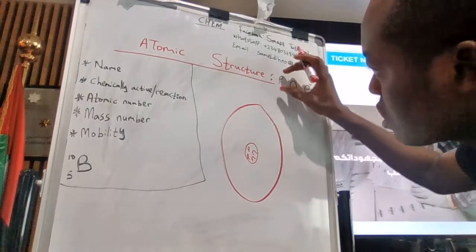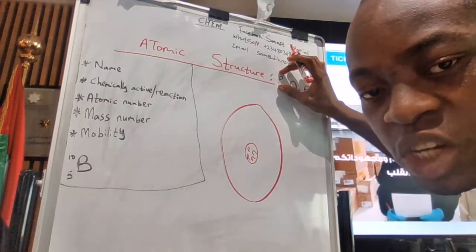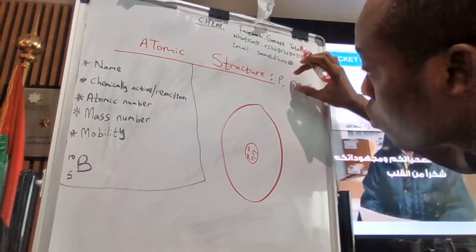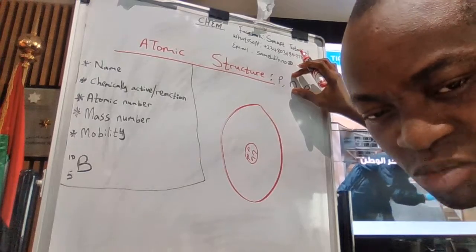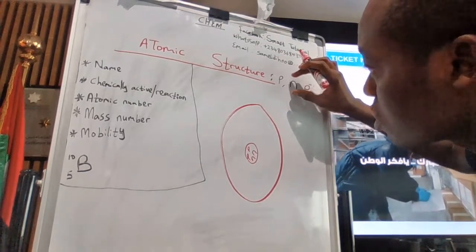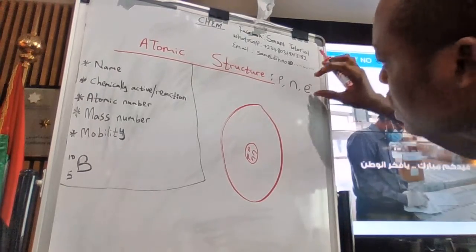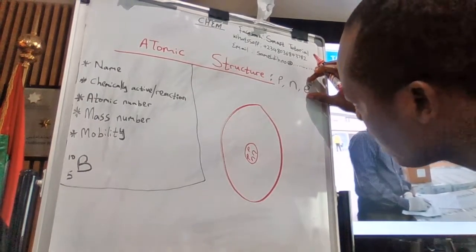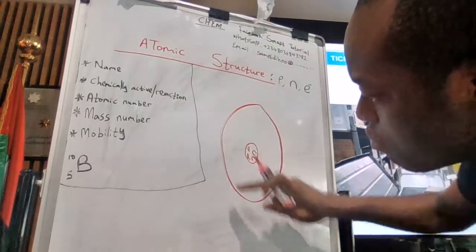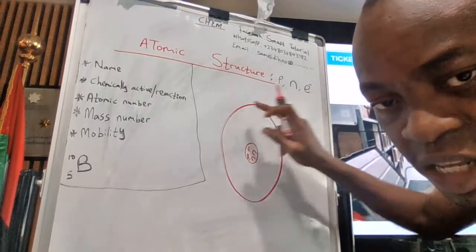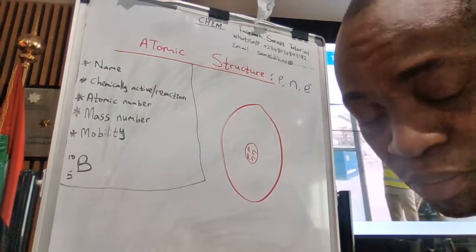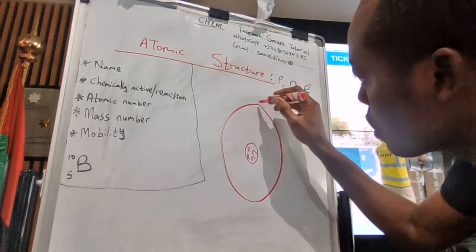The proton is the positively charged particle of an atom, while the neutron, like the name, has no charge. While the electron is negatively charged. Now, the electrons revolve around the outer layer of the element or atom.